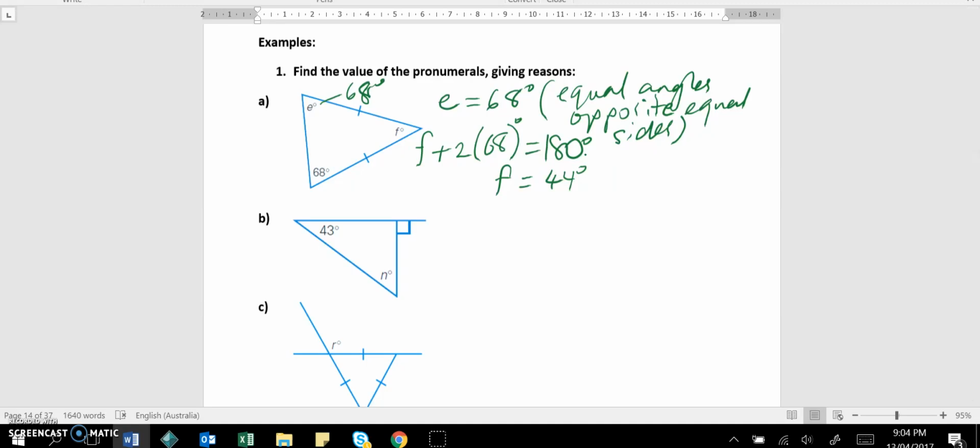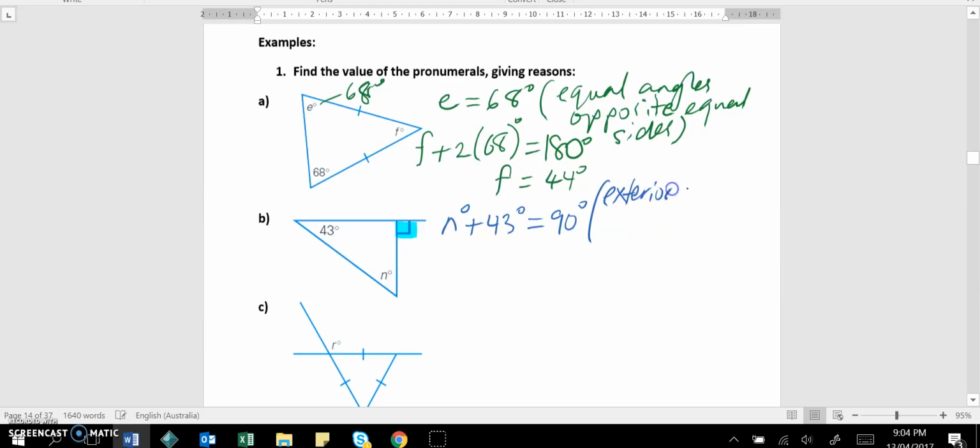In question B, you'll notice there's a right angle here on the outside. That's important to take note of, and you'll notice that's then the exterior angle. So we can say that N plus 43 degrees is equal to 90 degrees. And that's using the exterior angle of a triangle rule.